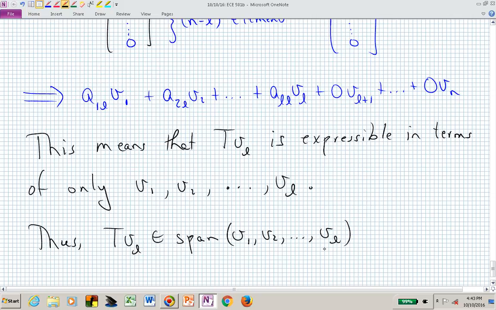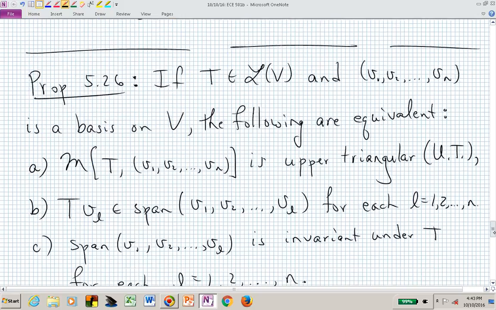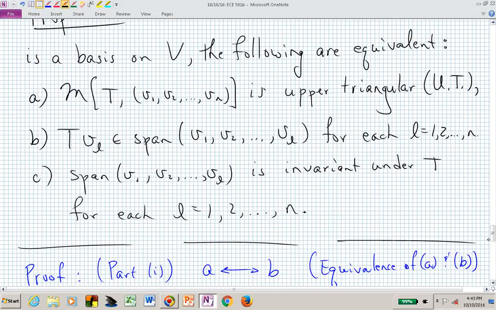That lives in the span of these vectors, V1 through V sub L, for any L. And that's statement B. Statement B is T V sub L lives in the span of V1 up to V sub L for each L. If we started with L equal to 1, then T V sub 1 lives in the span of V1.